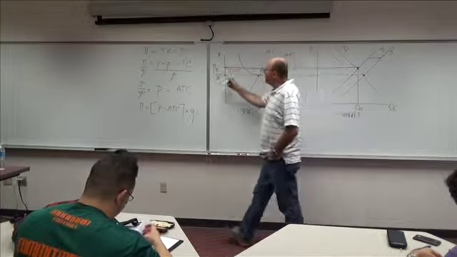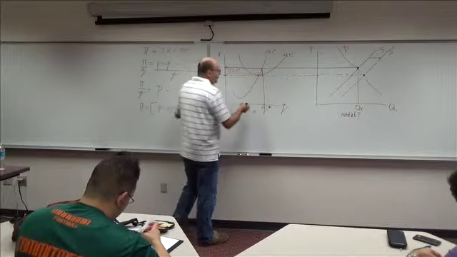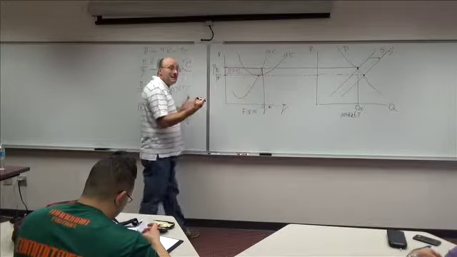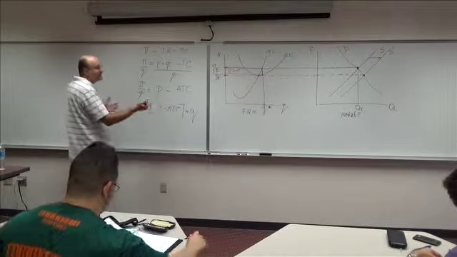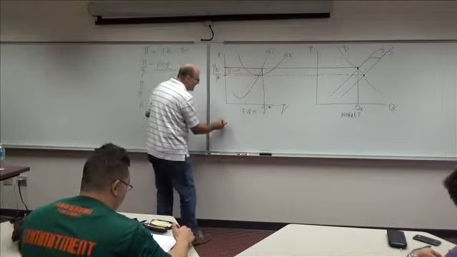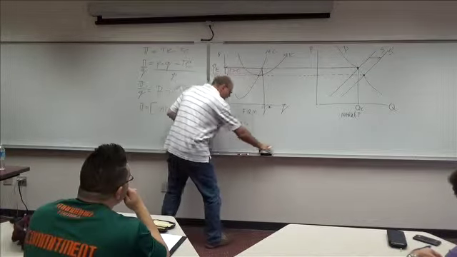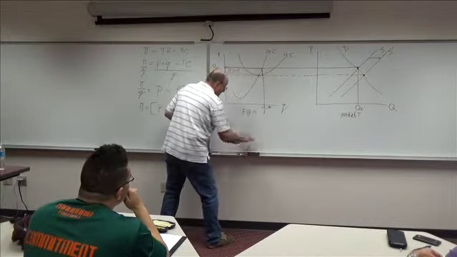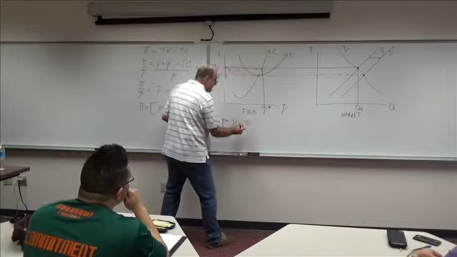At that new low equilibrium price, the firm maximizes profit. Where's the condition? We had it somewhere here, right? The firm maximizes profit by producing the quantity at which price equals marginal cost, right?